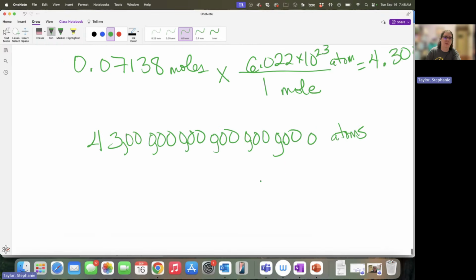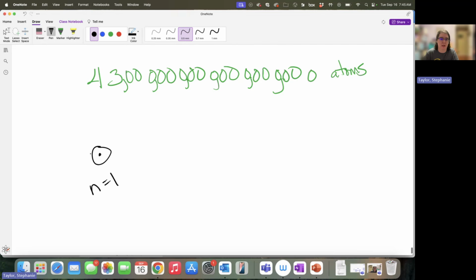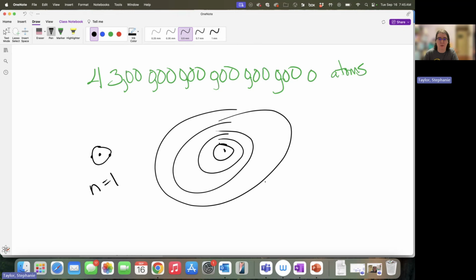If I'm thinking about things that have n equals 1, and I've got 2 electrons in n equals 1, those are pretty close to the nucleus. The farther away you are, 1, 2, 3, 4, that's n equals 4. If I'm trying to remove an electron that's close to the nucleus versus an electron that is far away from the nucleus, this one in n equals 4 is farther away from the nucleus. It is easier to remove it.